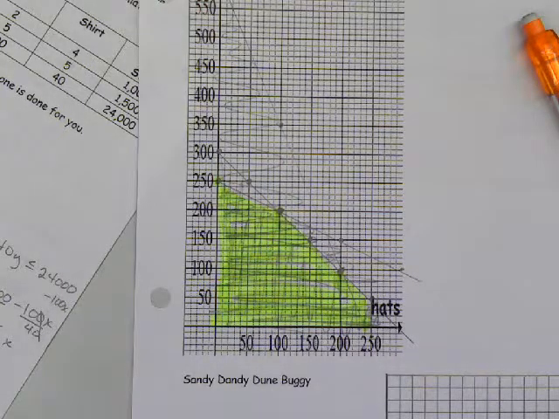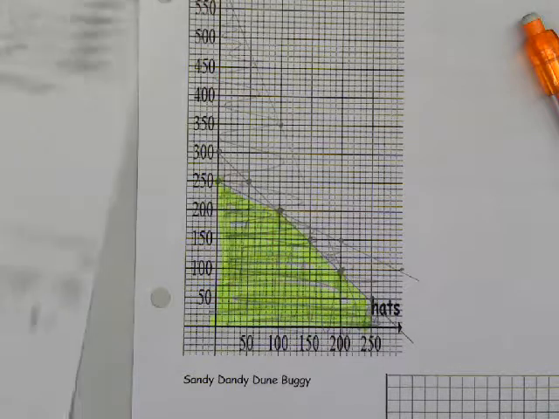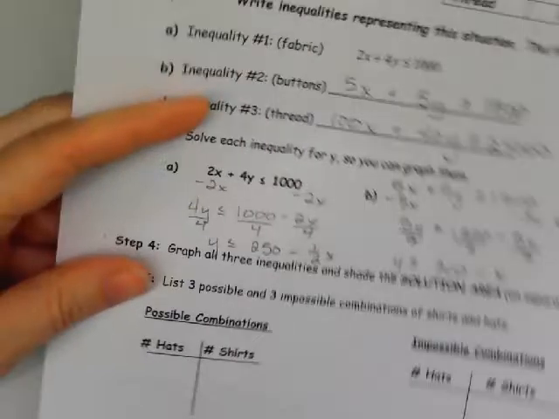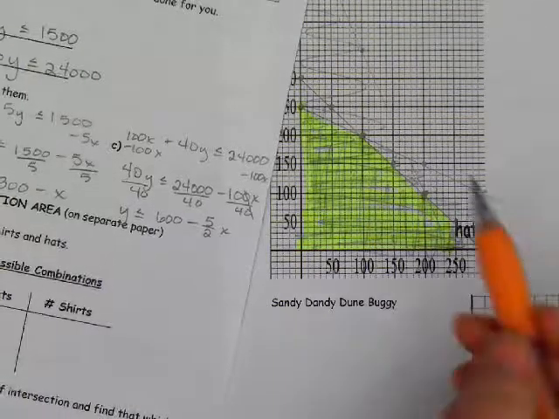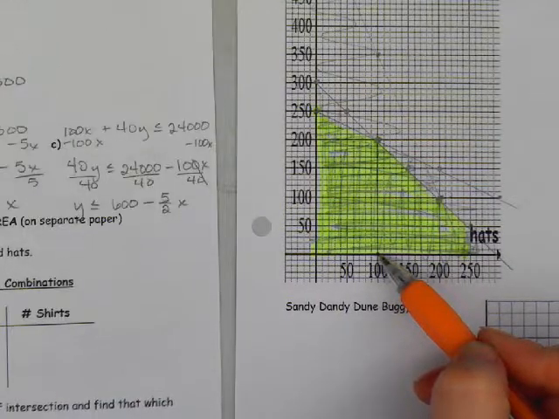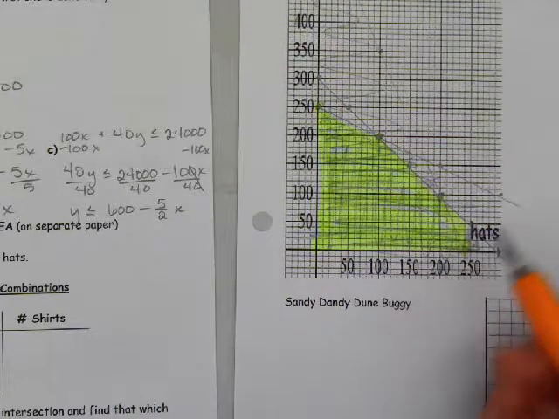I highlighted too much. So this part, I need another color. So my maximum points are going to be found here in the purple. And that's where careful graphing and careful shading is important.